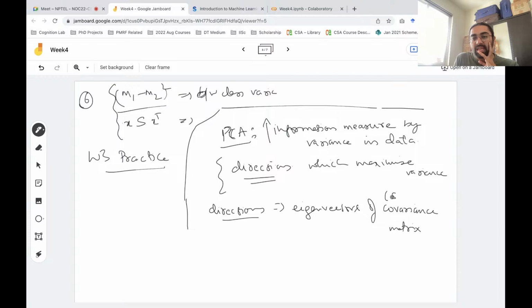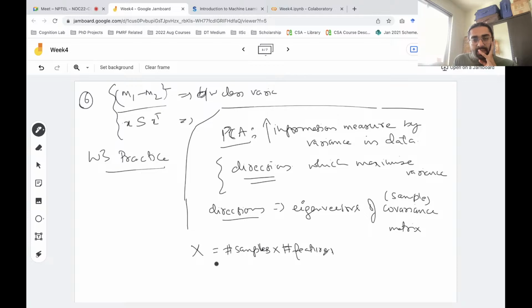And obviously it's a sample covariance matrix. So for example, let's say you have X, which is a data set of number of samples cross number of features.